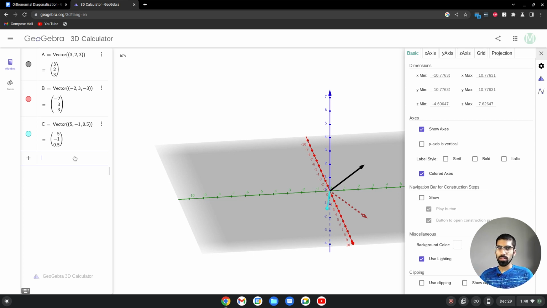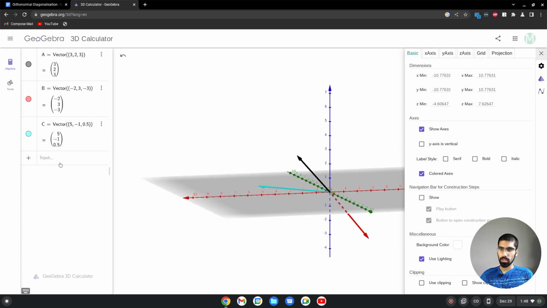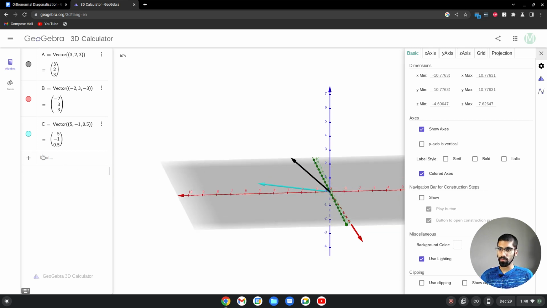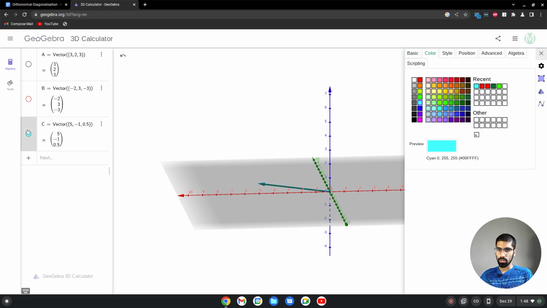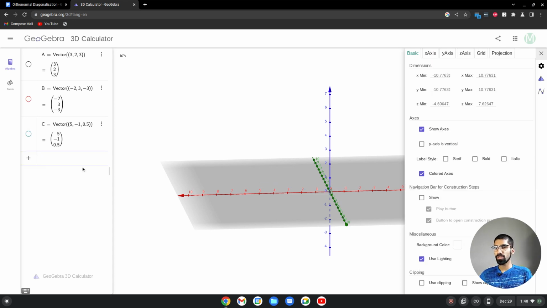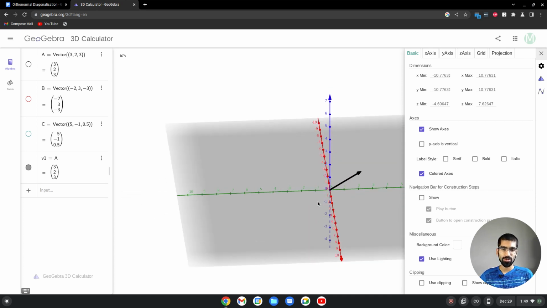So let's say the first orthogonal vector we picked to be A. So I'm going to disable these for now, as we're going to create a new group of vectors. So the first vector I pick, I'll call it V1, and it's just going to be A. Alright, we don't have to worry about anything because it's just one vector. We don't need it to be orthogonal to anything else yet.